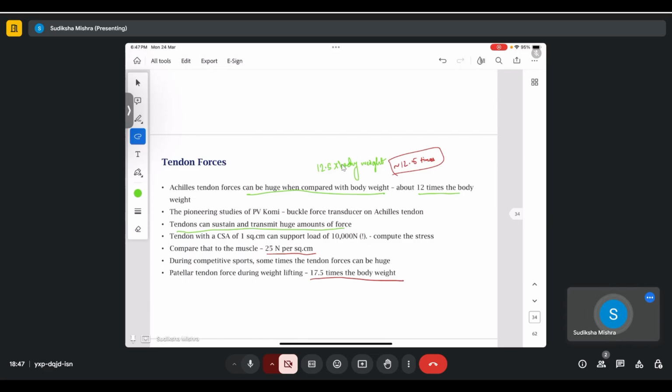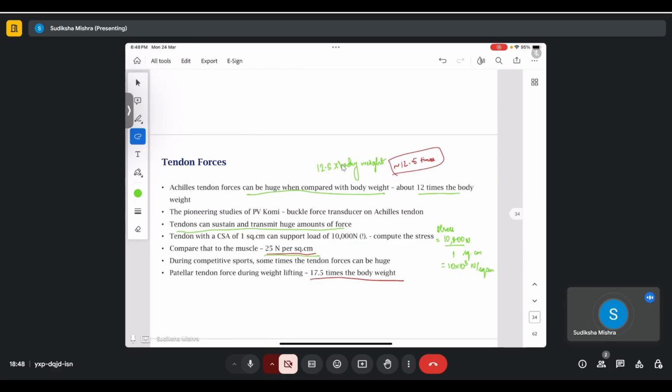Essentially, a tendon with a cross sectional area of 1 square centimeter can support 10 kilonewtons of load, so the stress will be 10 kilonewtons per square centimeter, which is a huge amount of stress that the tendon is supporting.